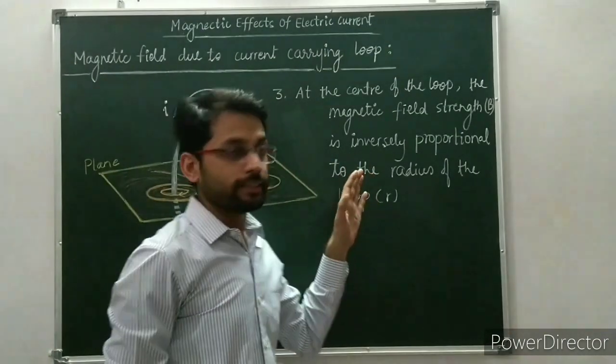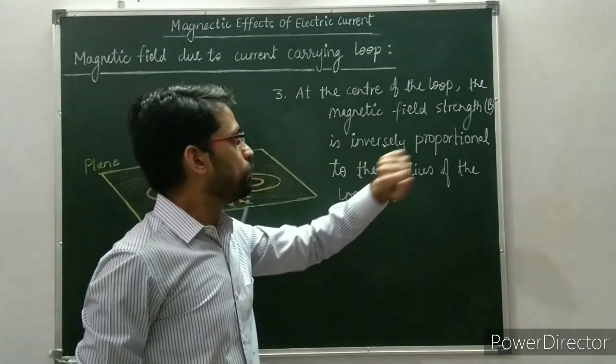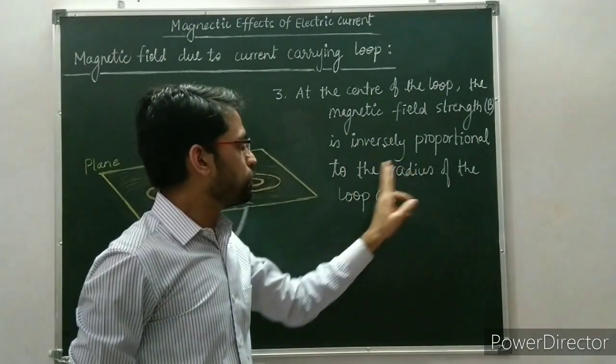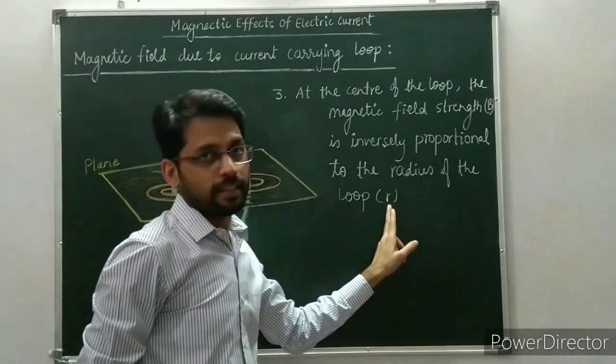Now the third point is, at the center of the loop, the magnetic field strength is inversely proportional to the radius of the loop, that is r.